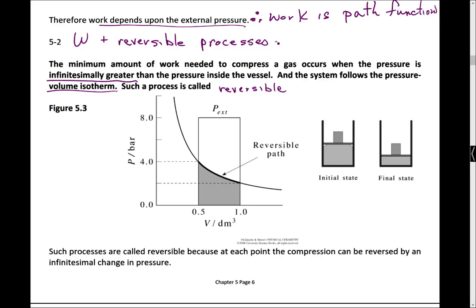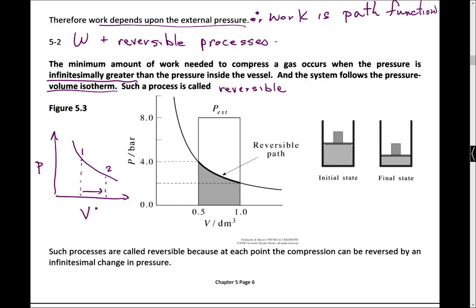Okay? All right. I also want to take a moment to talk about doing, rather than a compression, an expansion. So we're going to start from point 1, go to point 2 in that direction. Let me put pressure and volume here. We're going to do an example of this calculation-wise momentarily, but I want to talk it through.